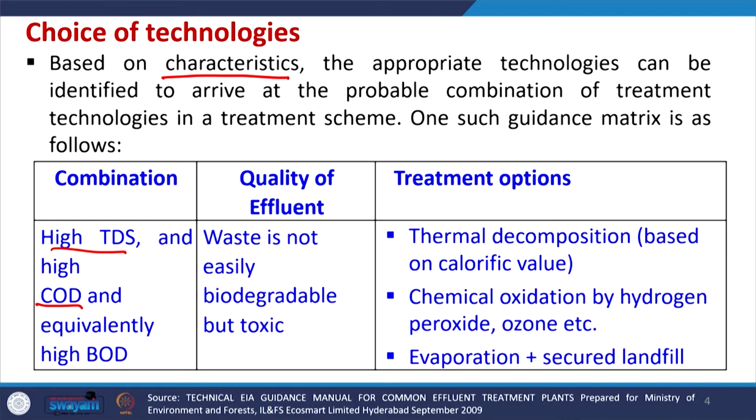Under that condition, the effluent is not easily biodegradable and it is also toxic. So what are the treatment options? We can go for thermal decomposition based upon the calorific value, chemical oxidation by different advanced oxidation processes, or evaporation plus secured landfill. These are the treatment options for this type of wastewater.